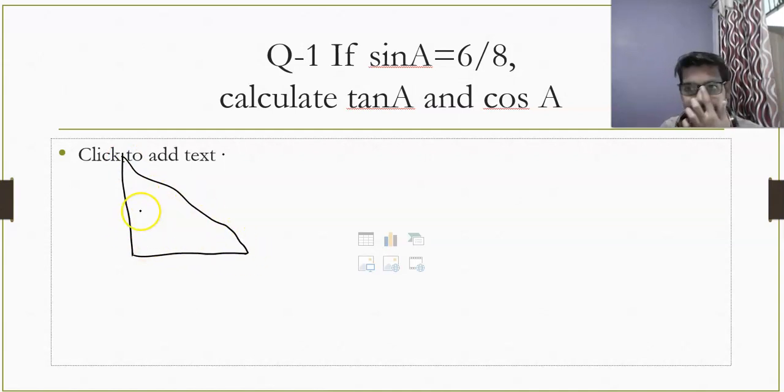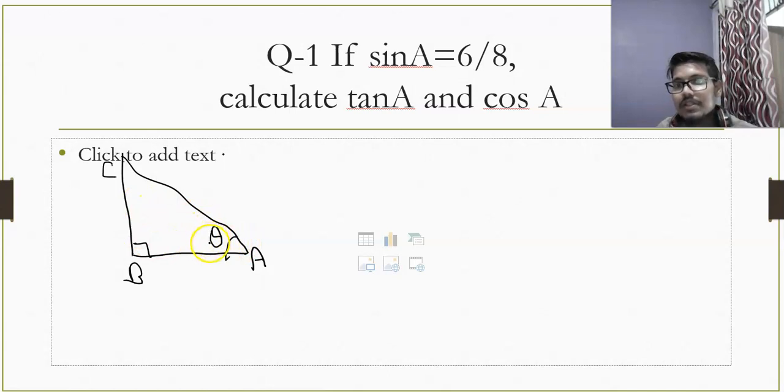This is a triangle. Here, let us consider angle A here, angle B here, and angle C. We can randomly take any of the angles as A. This is the angle theta. In the previous pages I told you how to suppose the angle.